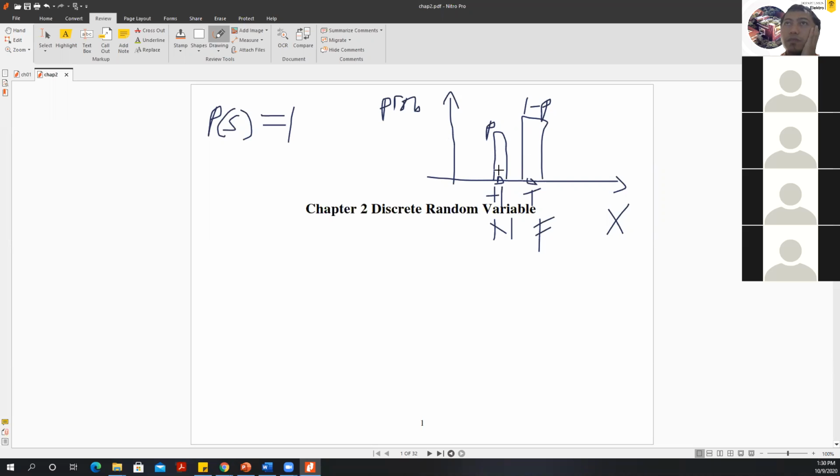If one outcome becomes p and there are only 2 outcomes, it's easy to get 1 minus p. So the total p plus 1 minus p is equal to 1. So it is consistent with this axiom.